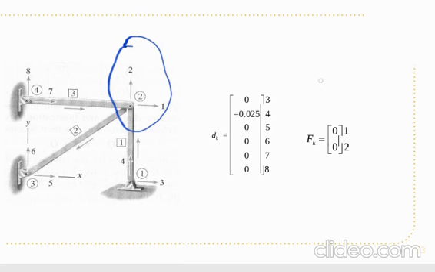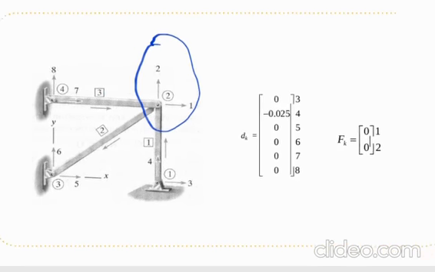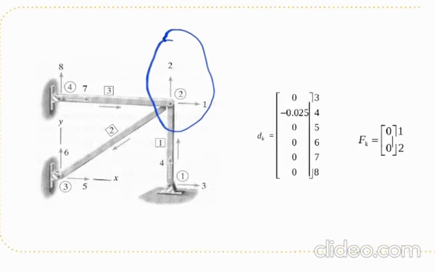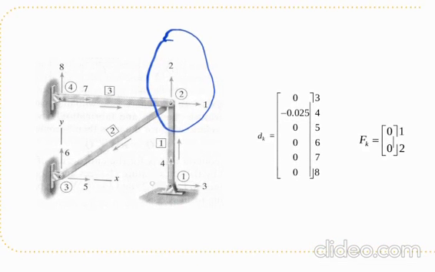And for the known displacement, we have in the global number 4 here minus 0.025. Why do we choose this global?